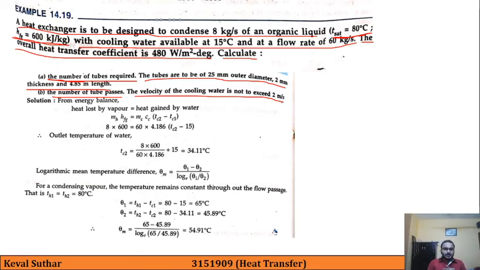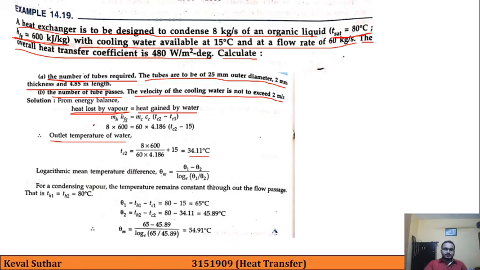So here first, from the energy balance, what we can do is heat lost by vapor and second is heat gain by water. So here we are getting this value, this formula we can apply, and by that we can obtain the outlet temperature of water as 34.11.